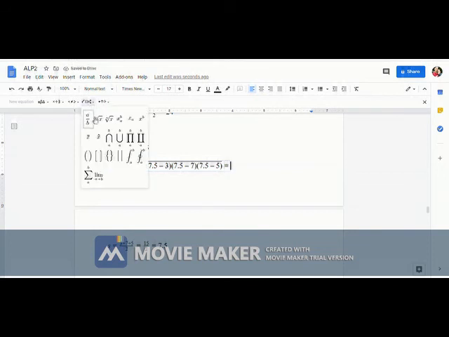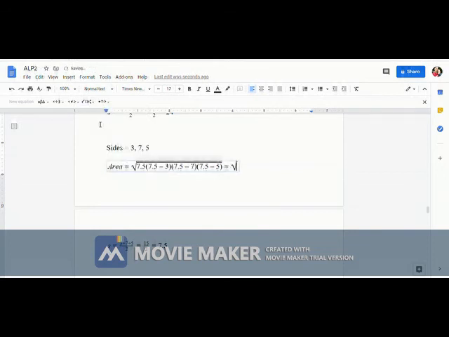It's going to be square root once again. And that's 7.5 for S times 4.5 times 0.5 times 2.5.